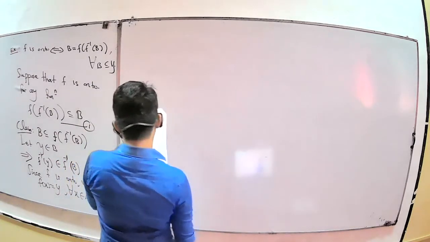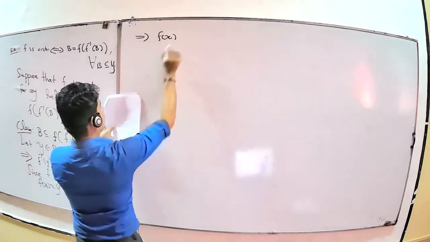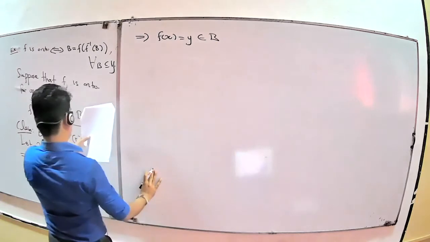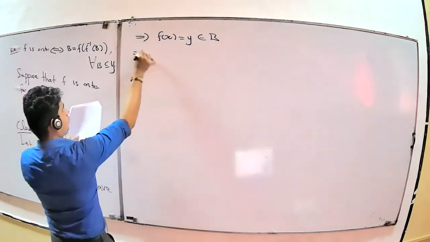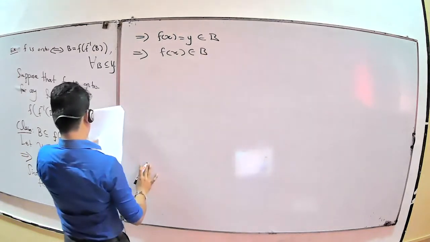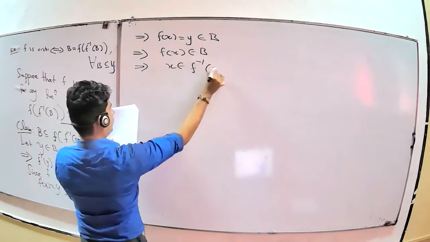This one means here f of x equal y, y belong to b. Therefore, this one implies f of x belong to b. This one means x belong to f inverse of b.